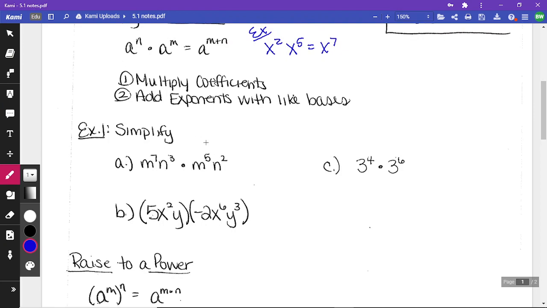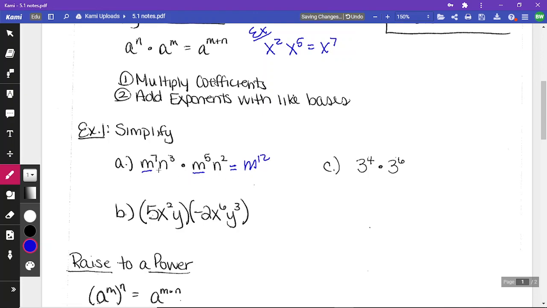The first one, it has no coefficients, right? So we just add the exponents of the variables with like bases. So m here has an exponent of 7, and we also have m with an exponent of 5. So that's m to the 5 plus 7, or m to the 12th.